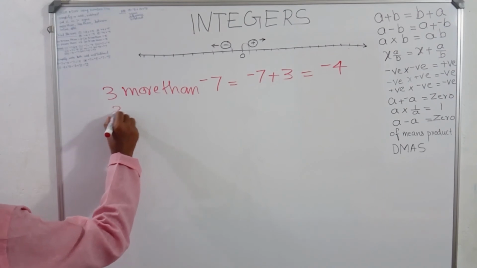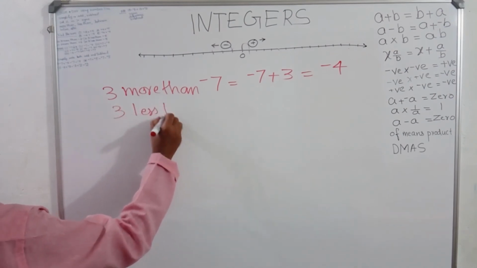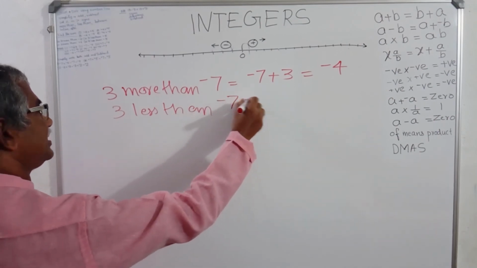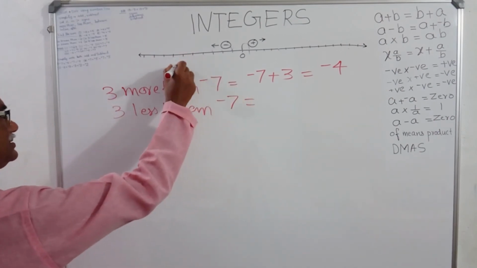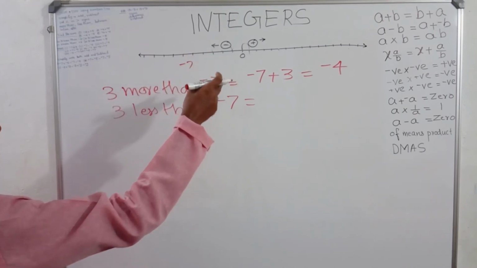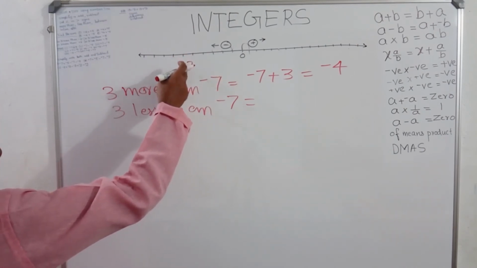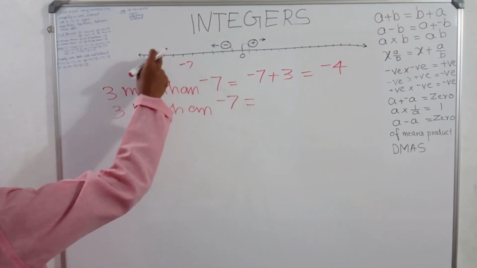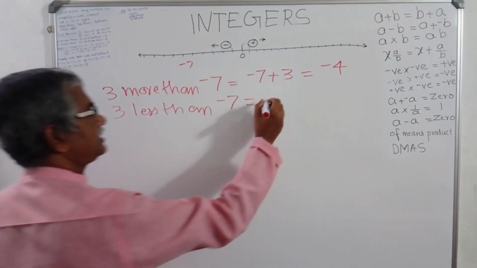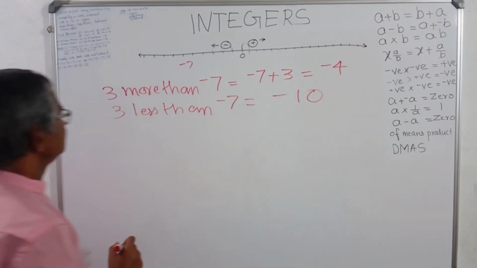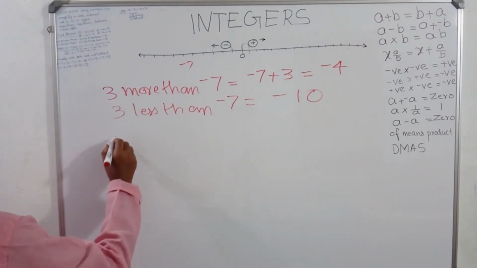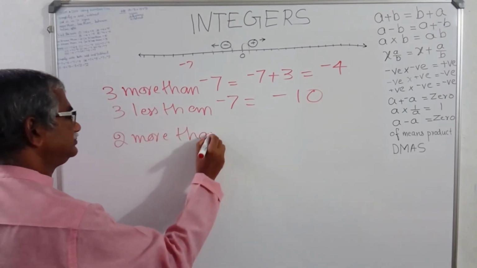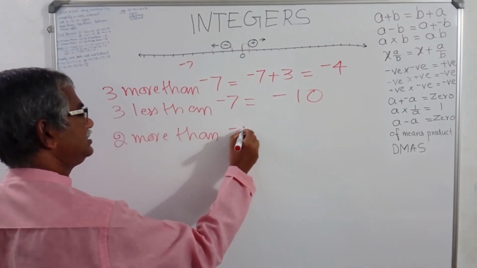Again, 3 less than -7. We are taking the -7 somewhere here. It is less. 1 less than -7, -8, -9, -10. The answer will be -10. 2 more than -2.